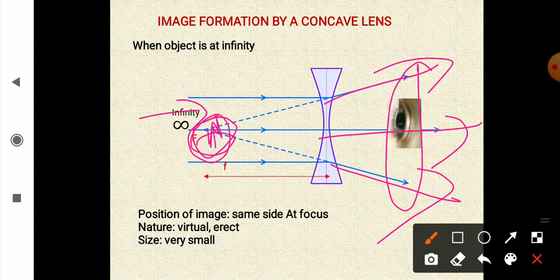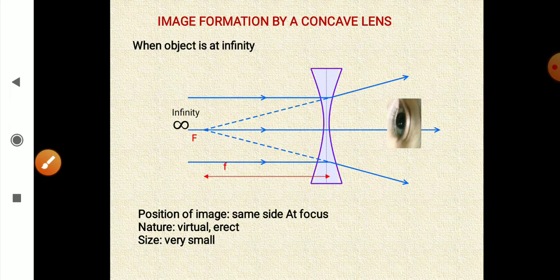So this point is the focus by definition. The position of the image is on the same side at focus. The nature is virtual, erect and extremely small. You cannot take it on a screen.